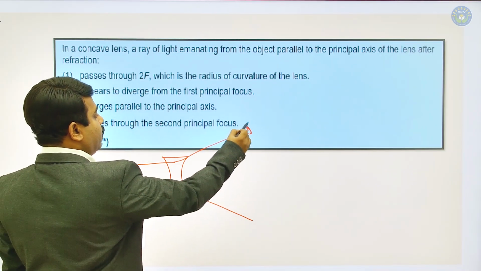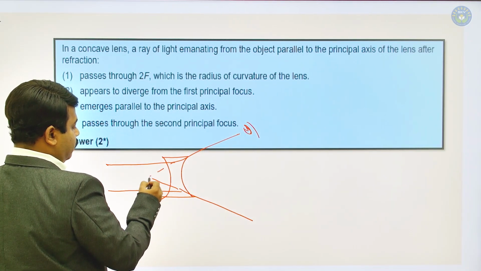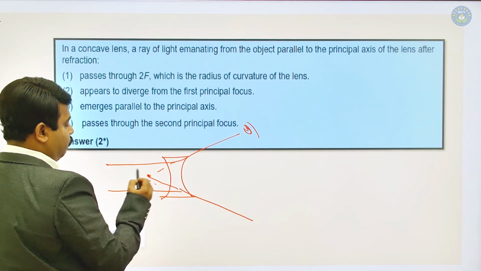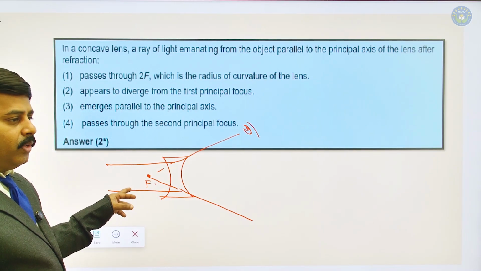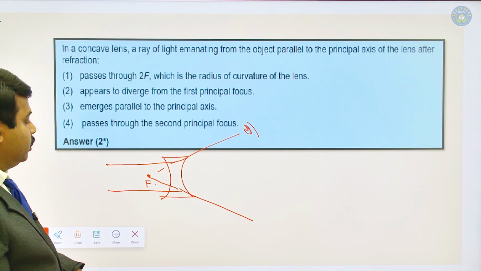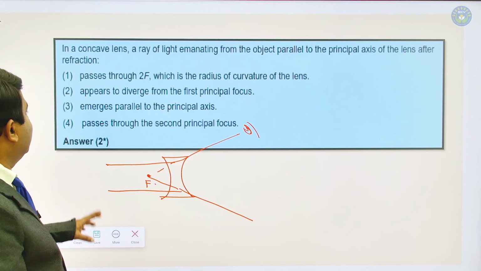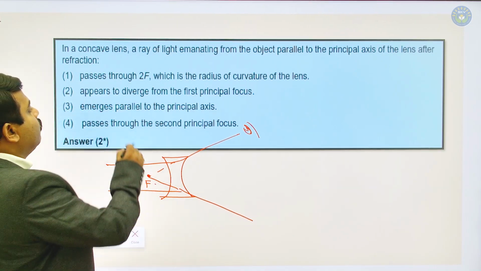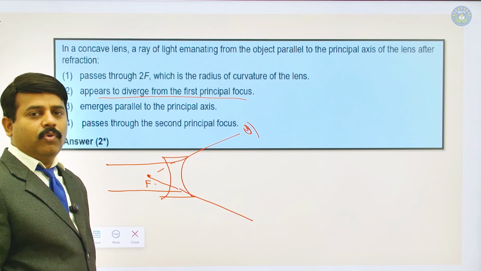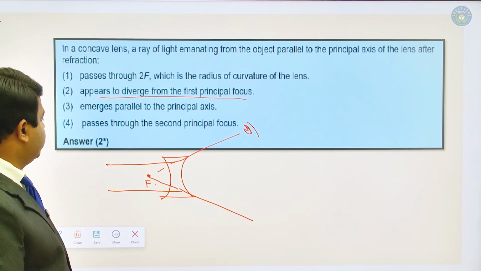But a person looking from here sees it coming from a fixed point, that is known as the principal focus. So it appears to diverge from a fixed point, the principal focus, right? So it appears to diverge from the first principal focus. That is correct, right? All right.